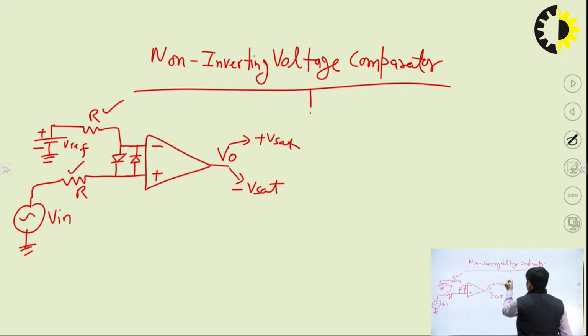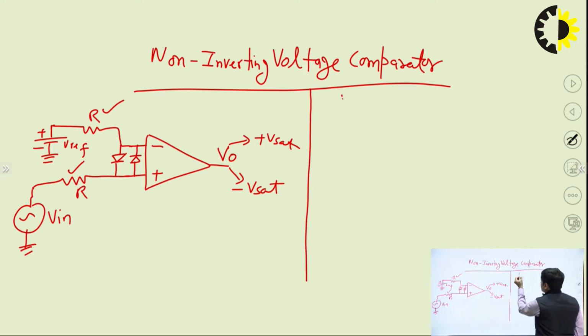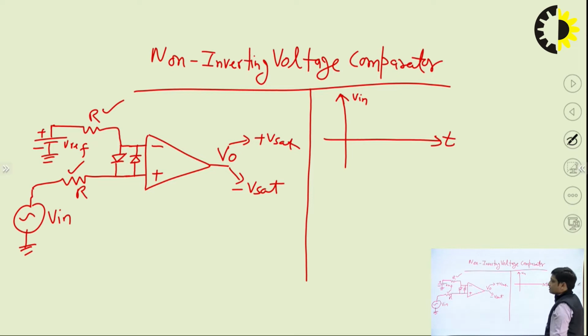So firstly draw the input signal, that is Vin versus T, and this input signal we are taking as a sine wave. So we can draw this sine wave, and this sine wave is applied at the non-inverting terminal, right?